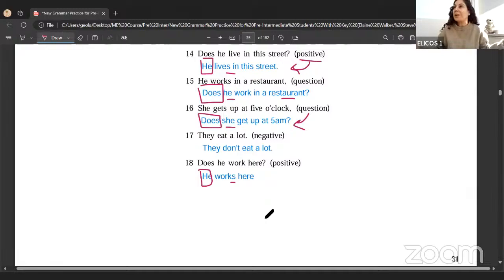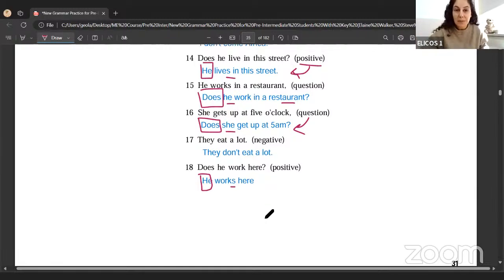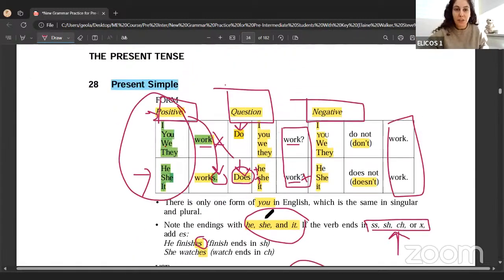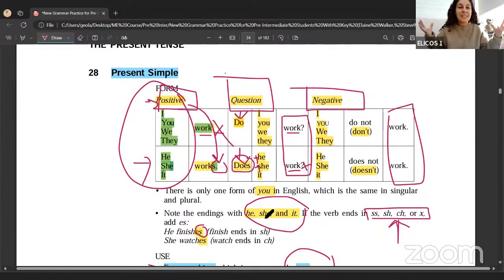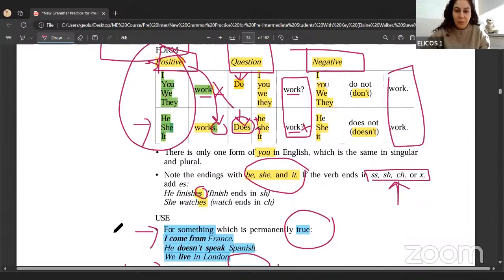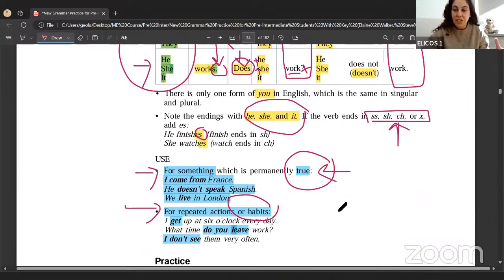Okay, that was all that we had for the present simple. So really quickly before we go to the present continuous, it's talking about an action which is happening now in the moment, and it's for two reasons we use the present simple. Remember, when we're giving true information about what is true in our life now, or when we're talking about routines and habit.